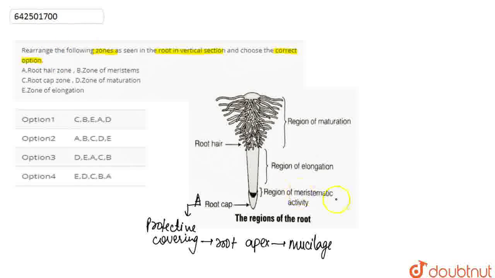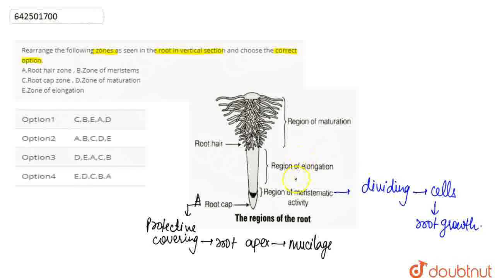Apart from this, if we move to the next part, that's the zone of the meristem, or the region of the meristematic activity, where the cells are actively dividing. It consists of the actively dividing cells that result in the root growth.